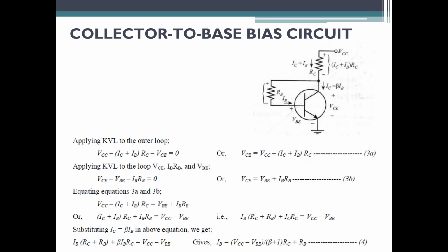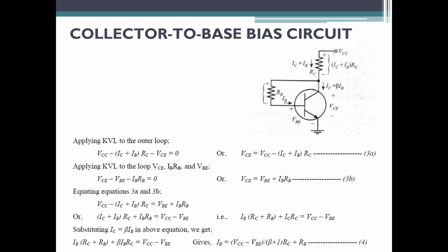Marking all the currents, as soon as you connect VCC, there is a resistance RC between the collector and the voltage source. So a current will be flowing through that resistance. The current flowing through RC is the combination of IC and IB, because the current flowing to the collector is IC and the current flowing to the base is IB.